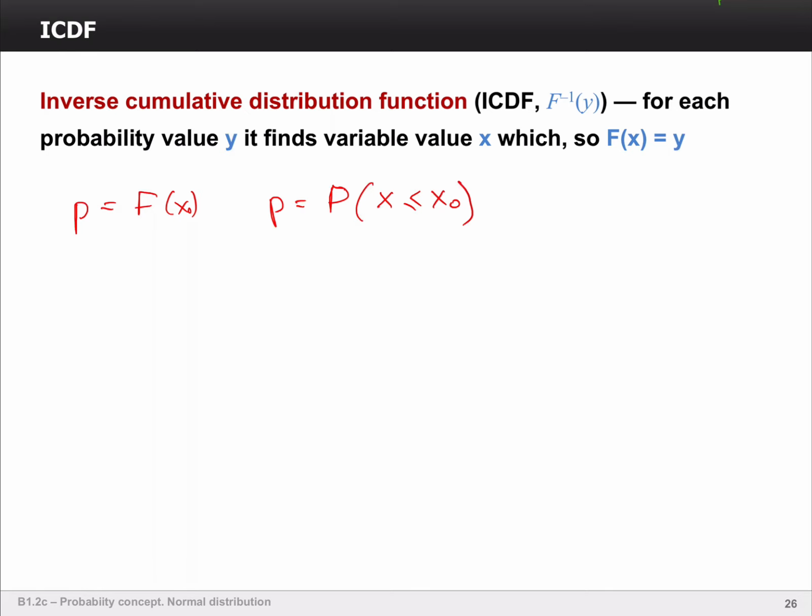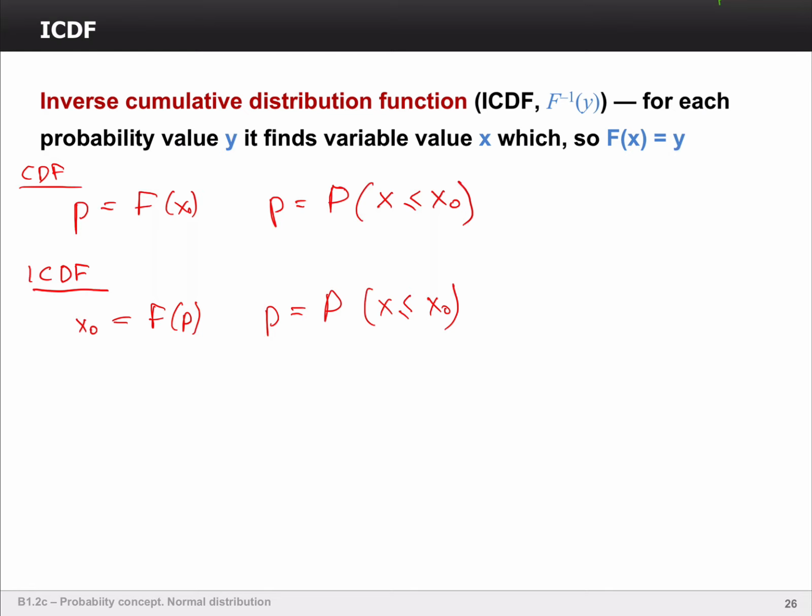So this is CDF, and the ICDF should do the opposite, okay? It should give you a value x0 for a given probability. The probability is still the same: the probability to find a value equal to or below the given one, okay?